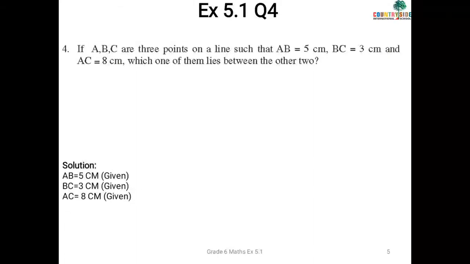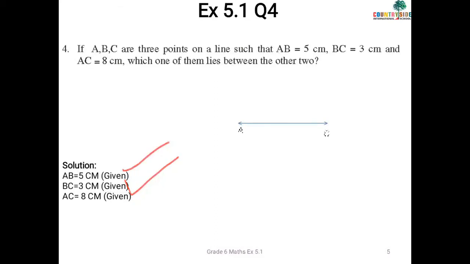If A, B, C are 3 points on a line such that AB equals 5, BC equals 3 and AC equals 8 centimeters, which one of them lies between the other two? First of all, let's see the diagram. Let's suppose this is the line and name it A and C. Why AC?